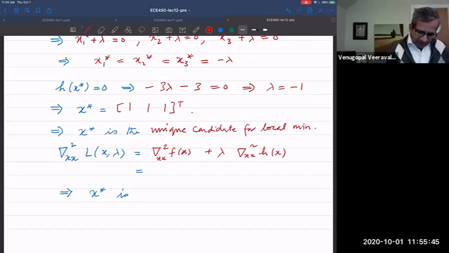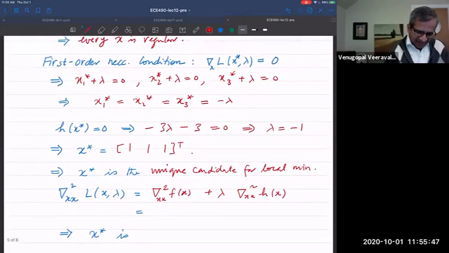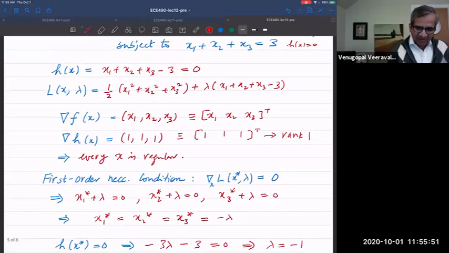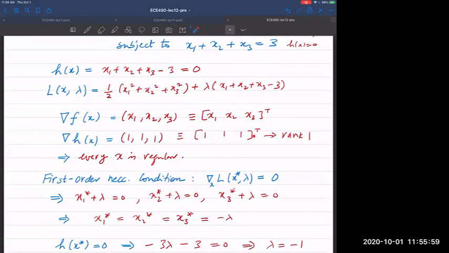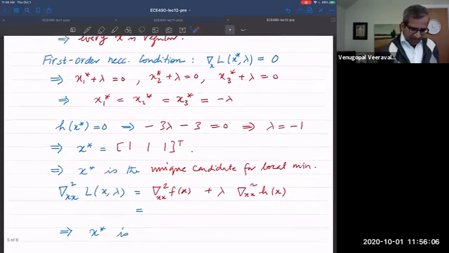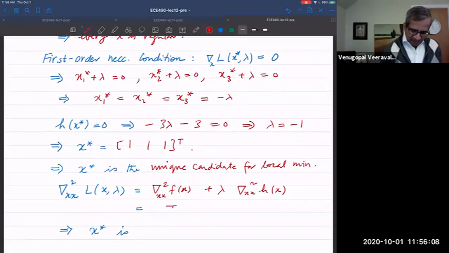The Hessian of f is the identity matrix. And the Hessian of h, what is that? Since the gradient is constant, when you take the next derivative, you're going to get 0. So you get the identity matrix plus lambda times 0. So this is just the identity matrix, which is positive definite.